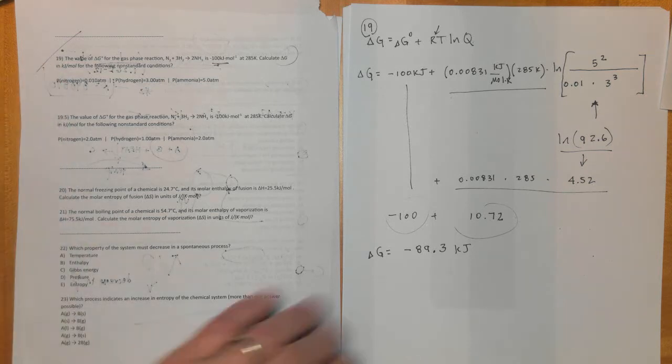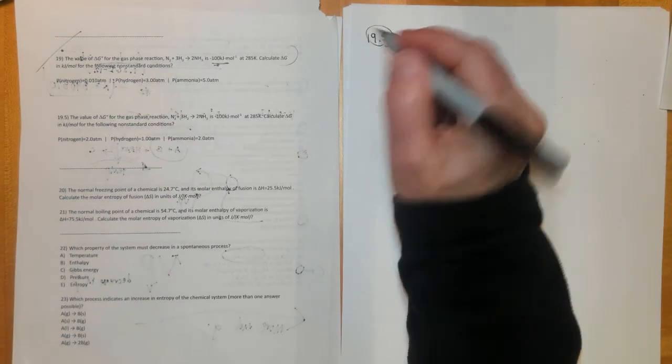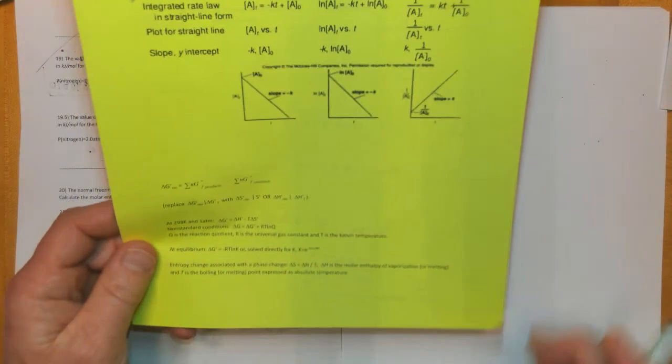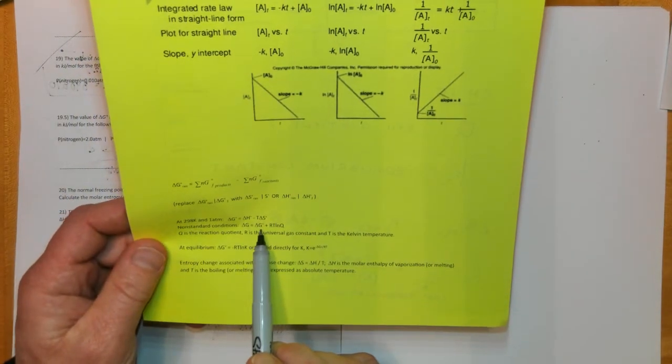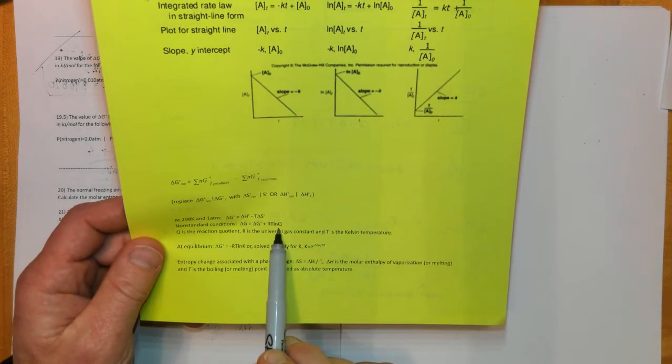So that's non-standard condition one. Now number 19.5 is very similar. Just to show you where the equation is, remember that G is equal to G circle plus RT natural log of Q at non-standard conditions.